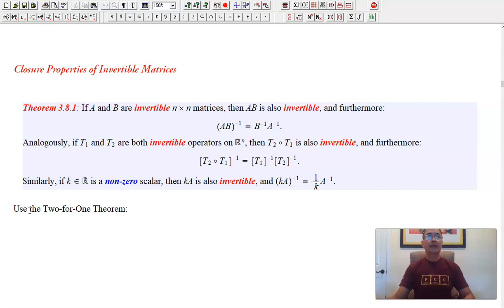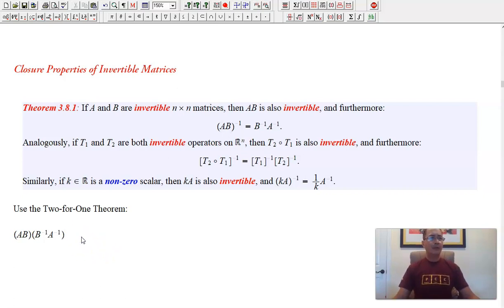It says that if you have a matrix and you think it's invertible, and you think, oh, I know who the inverse is, all you have to do is multiply the matrix by whatever you are guessing to be the inverse and show that it works, that when you multiply it together, you get the identity.